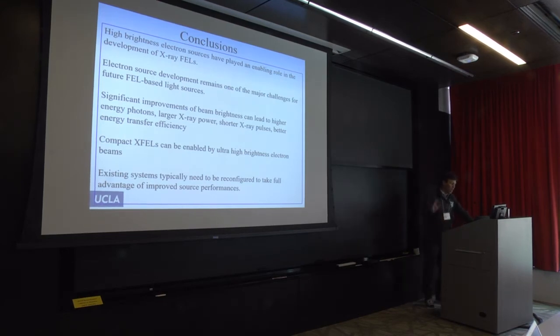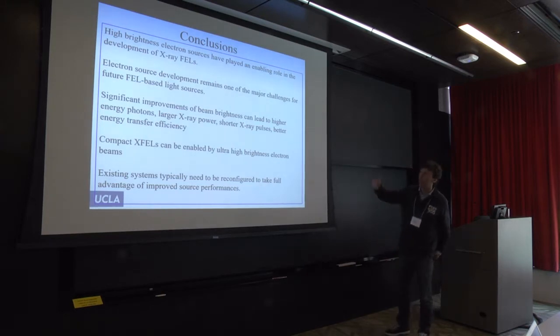So these are the conclusions. High brightness electron sources have certainly played an enabling role in the development of X-ray FELs. And electron sources remain one of the major challenges for future FEL-based light sources, especially the high repetition rate ones.